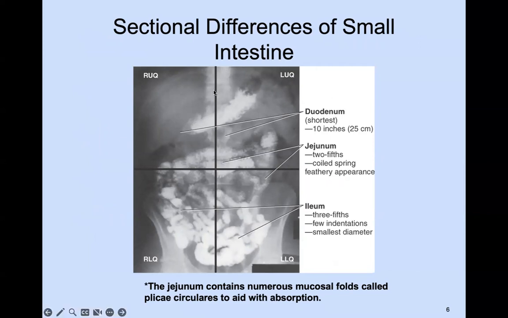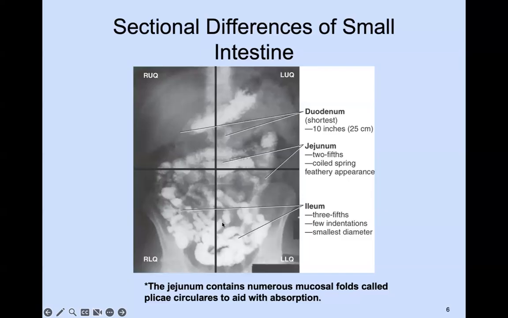So this is a really good slide here. Okay, so you can see the duodenum, which is the shortest part of the small intestine, measures about 10 inches, and empties into the jejunum. And so the jejunum has this feathery appearance. Okay, as you can see, it looks different. And then it connects into the ileum.